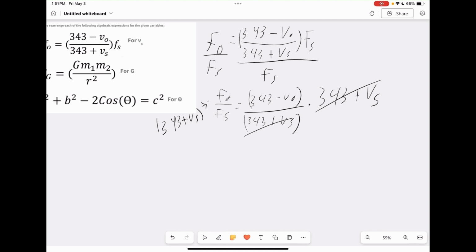All right, so we end up getting F naught times 343 plus Vs over Fs equals 343 minus V naught.